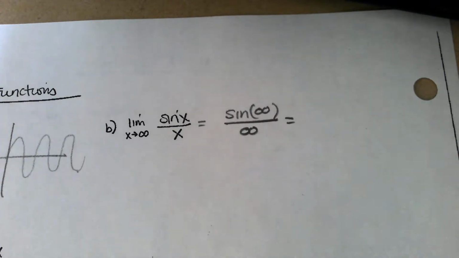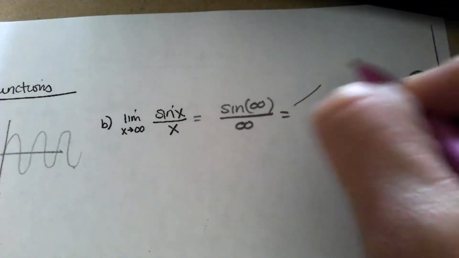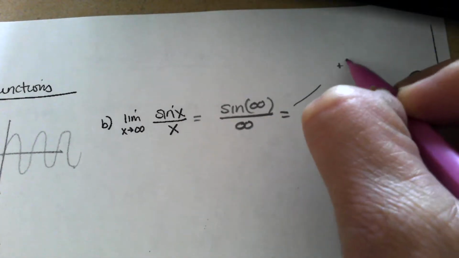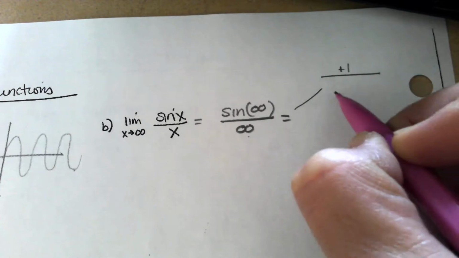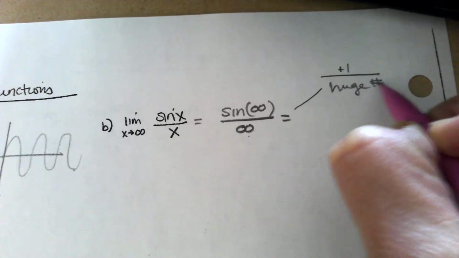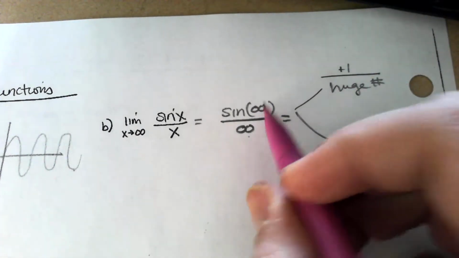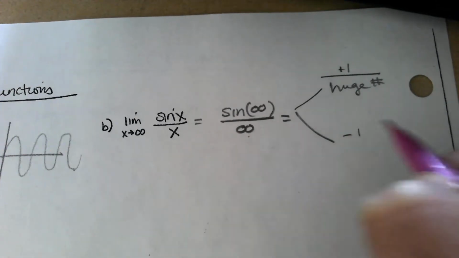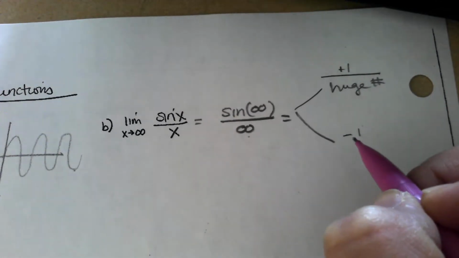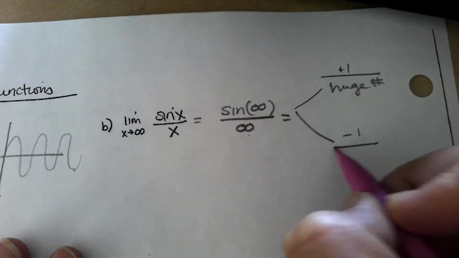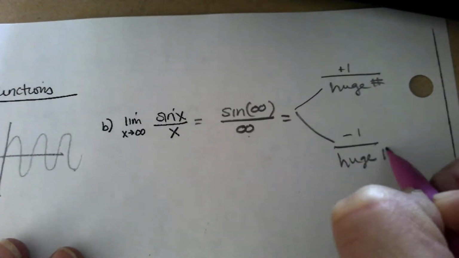I want you to think about the numerator first. The numerator's limit doesn't exist. It's going to keep going back between 1 and negative 1, right? So at max, that numerator is going to be positive 1 over a huge number. And at minimum, the numerator is going to be negative 1, because the sine of anything has to be between negative 1 and 1. So negative 1 over a huge number.